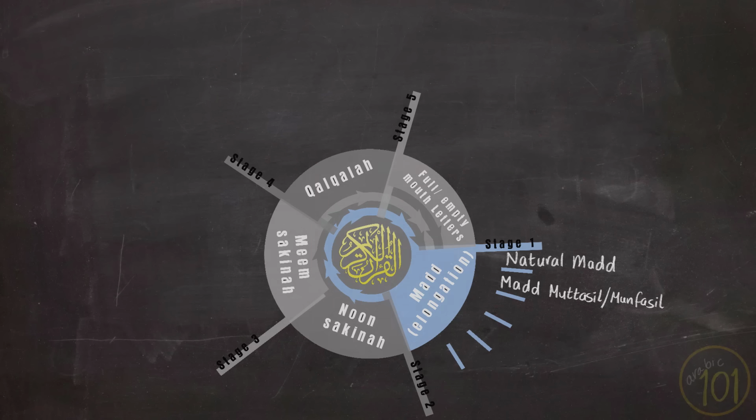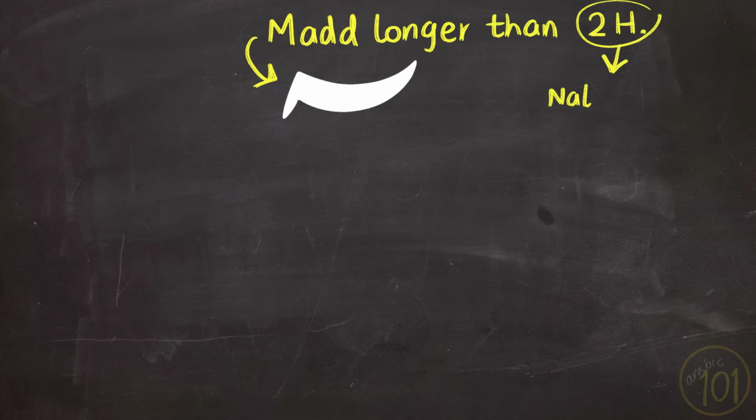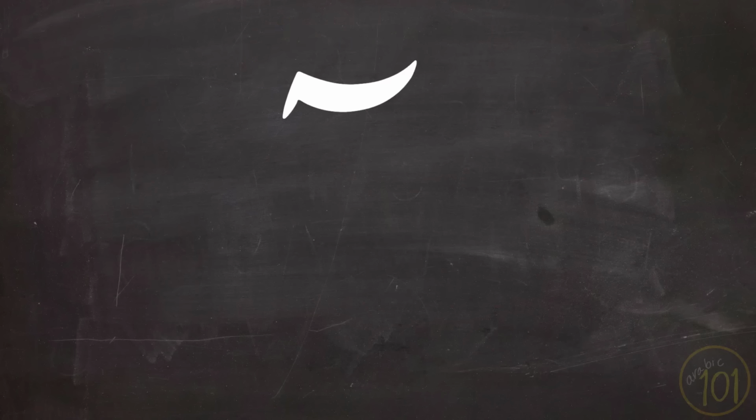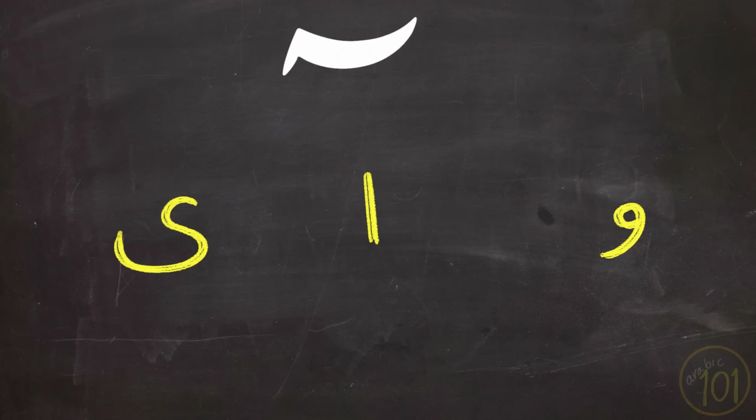So let's get started. The first thing you need to learn about today's lesson is that this sign symbolizes the existence of a med or extension longer than the two harakat of the natural med. So which letters receive that med? Well, as we've learned last lesson, there are only 3 letters, waw, alif, and ya, which are called the letters of med.